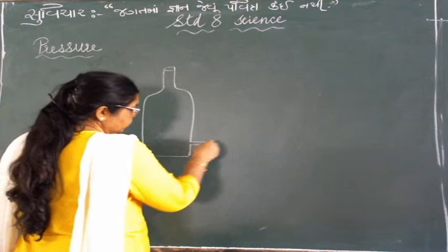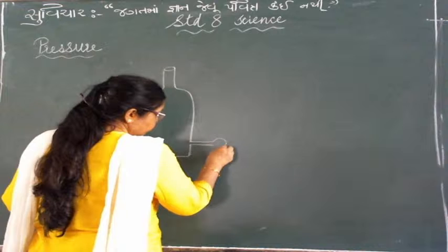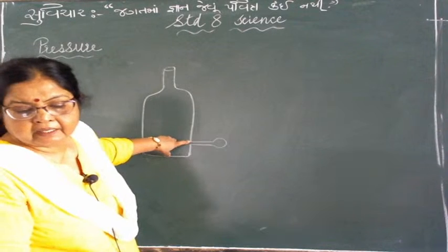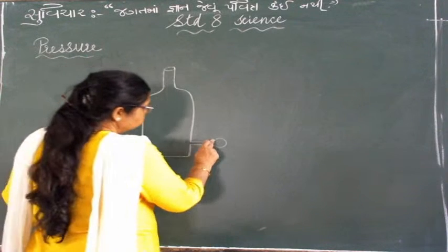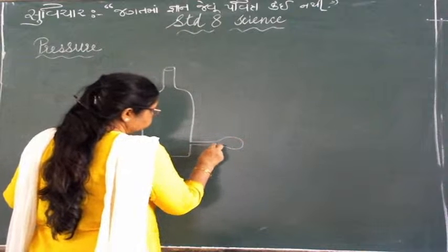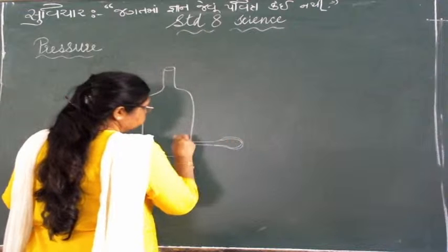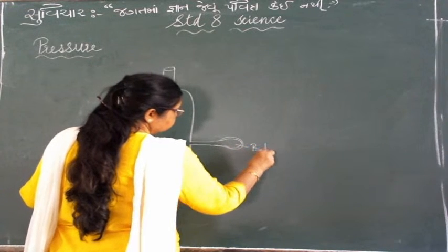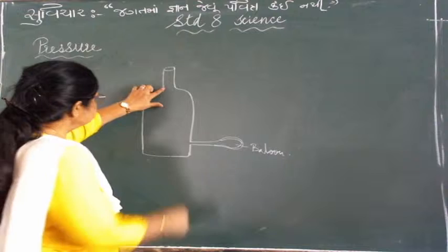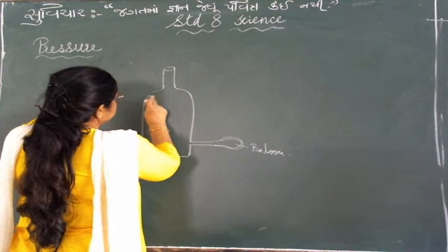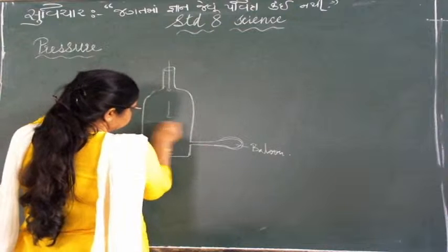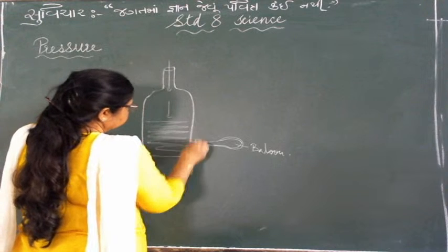See that it should not leak, and then stick it properly so it is not leaking, and then put one balloon. Okay, the bottle is still empty, and now fill the bottle with water.